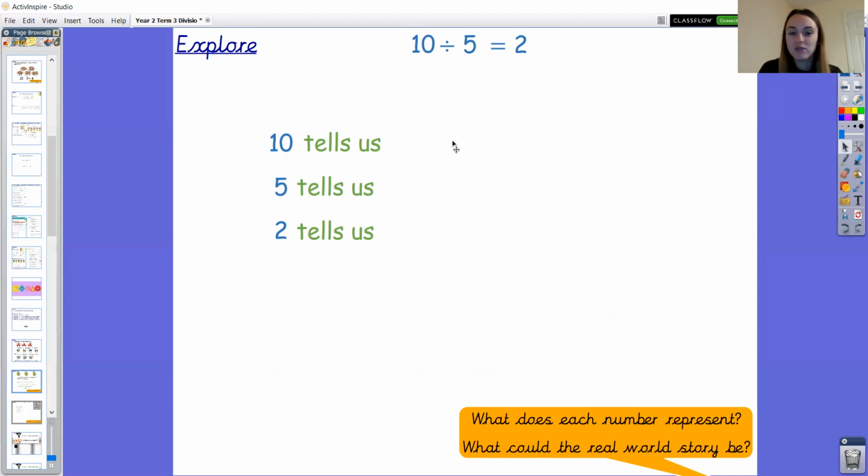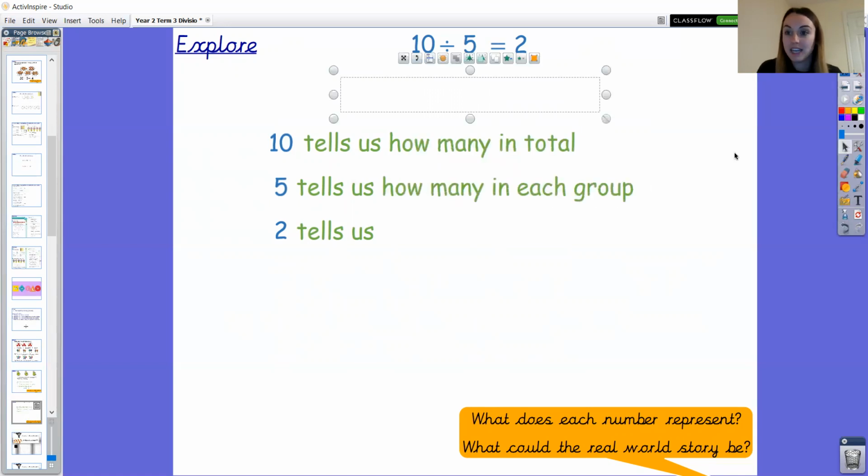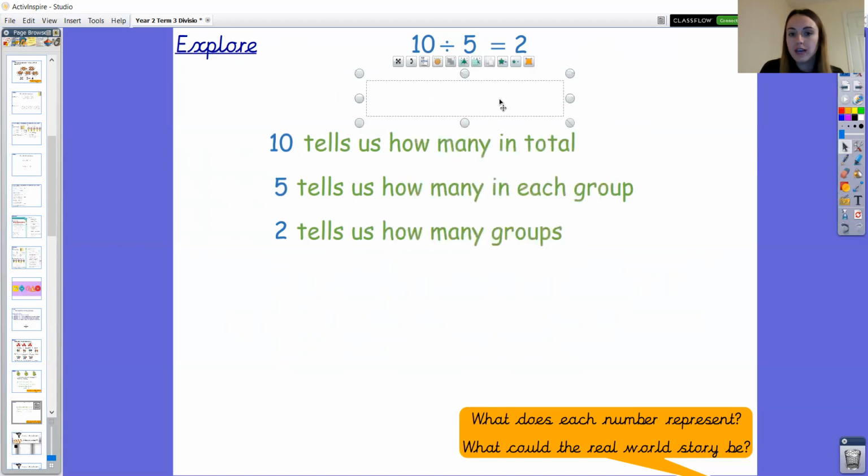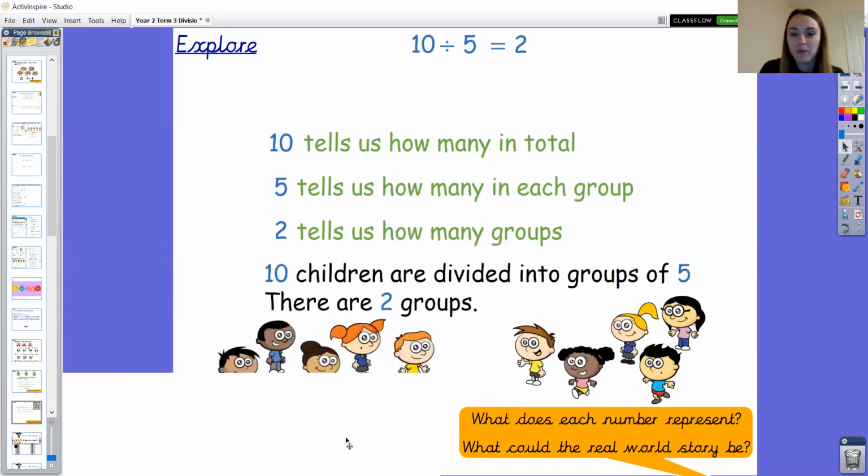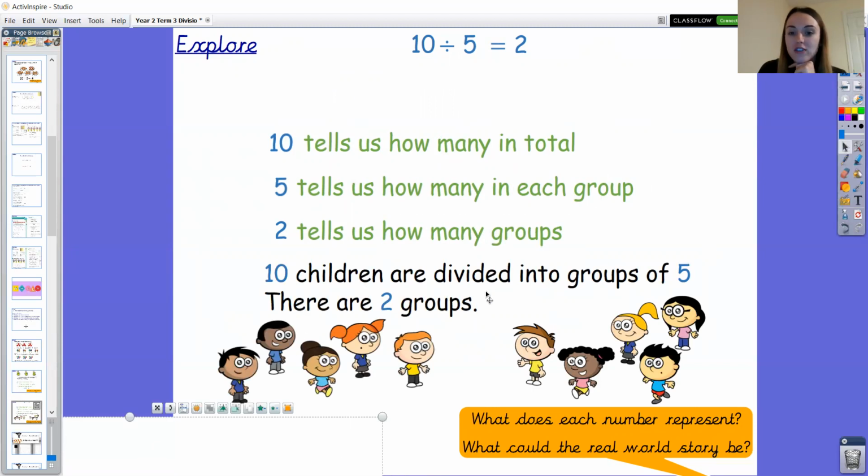Well done, Year 2. So let's review our learning together. So 10 tells us how many in total. 5 tells us how many in each group. And 2 tells us how many groups. So the math story I was thinking of is there are 10 children divided into groups of 5, as you can see here.